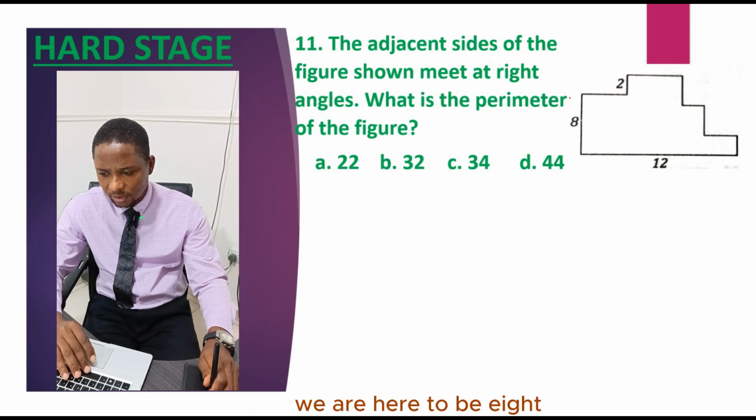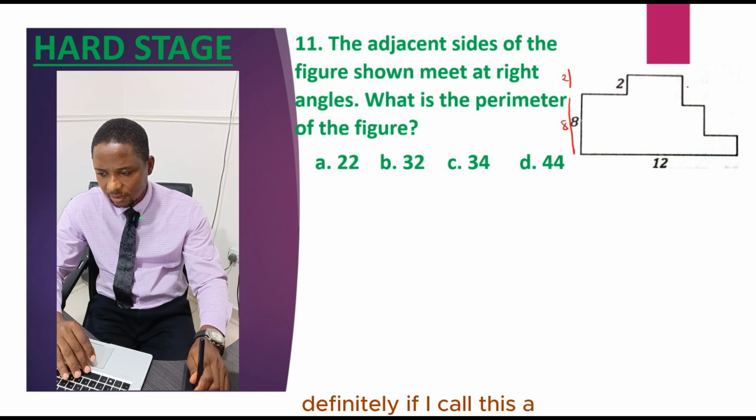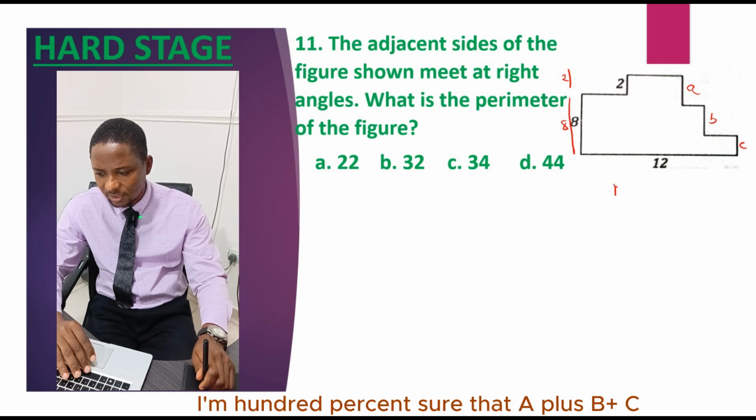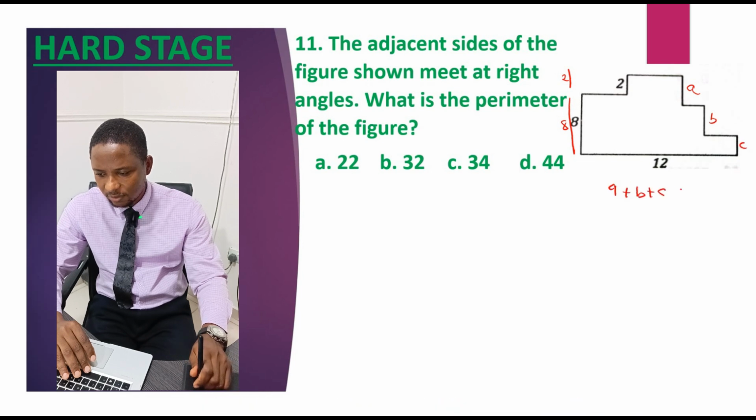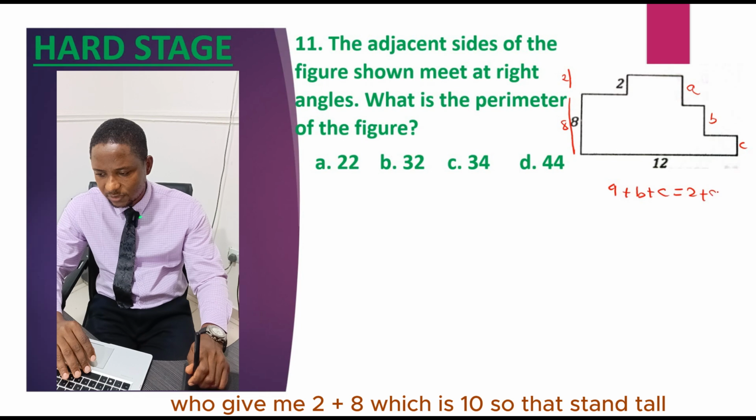We have here to be 8. We have from here to be 2. So the total height is 10. Definitely, if I call this A, I call this B, I call this C, I'm 100% sure that A plus B plus C will give me 2 plus 8, which is 10.